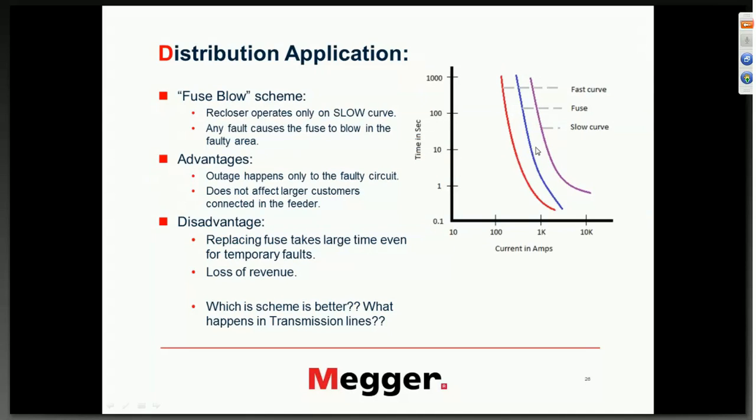The auto recloser will be protecting the whole ring, but the fuse is going to blow only for the faulted line, not for the entire community. So it does not affect the larger customers, just the faulted area.